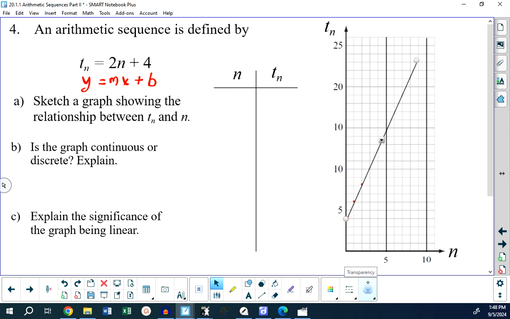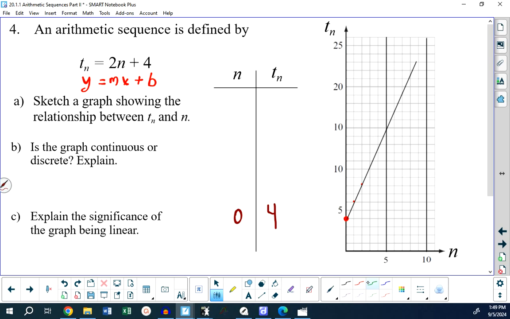That's good enough. Can somebody tell me what's brutally wrong with this as a graph for this sequence? Does this line pass through 0, 4?